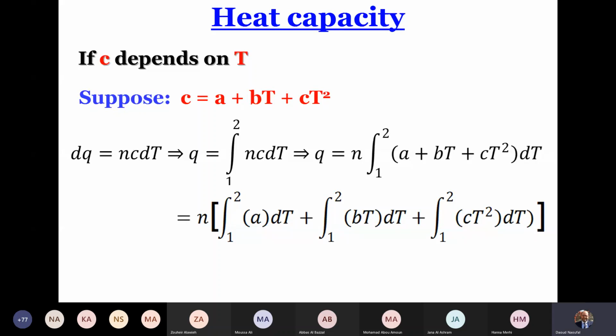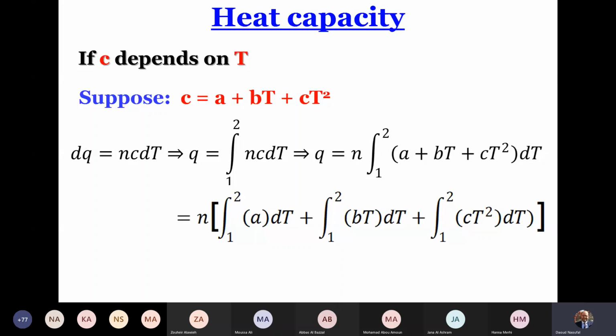To increase the temperature from 25 to 30, we need a certain amount of energy absorbed. If we want to increase the temperature from 25 to 50, necessarily the amount absorbed is different. So Q is directly proportional to the amount, to the nature of the substance, and to the variation of the temperature.